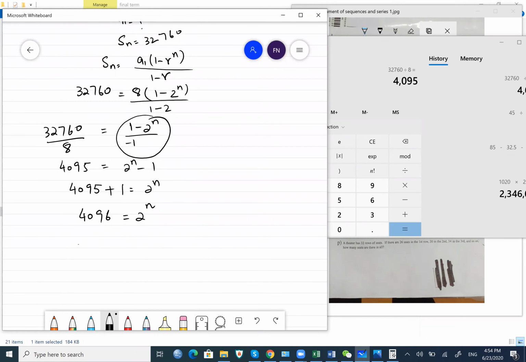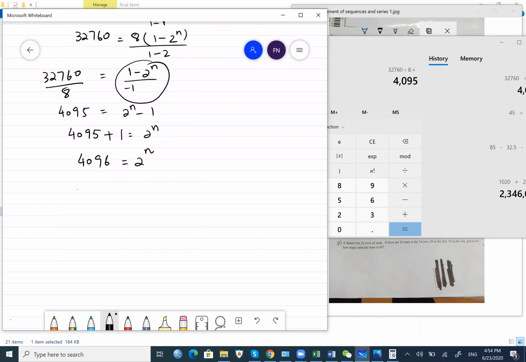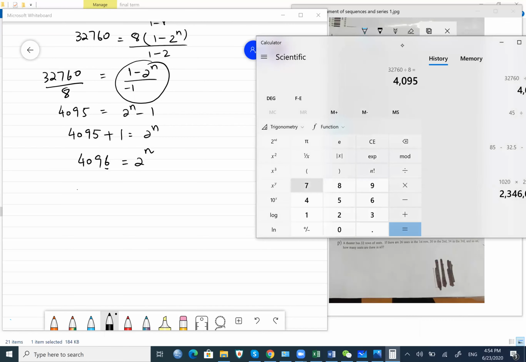Okay, I have another one. I didn't finish this one. Now I want to find out this n. Because I know 4096 is divisible by 2, understand? So I can write 2048 times 2.